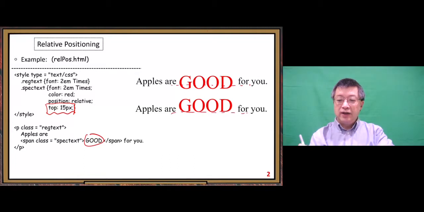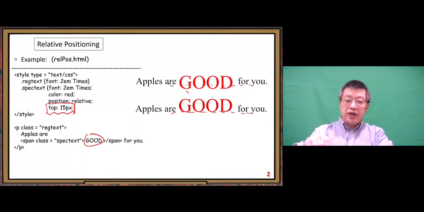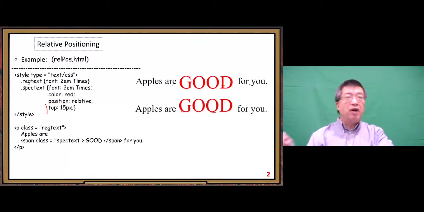The natural location, the bottom touches the baseline, right? Then for the adjusted location, you move down by 15 pixels. That's the difference, so you can see it easily. So this is the second example. All right, so we complete the CSS part, positioning.